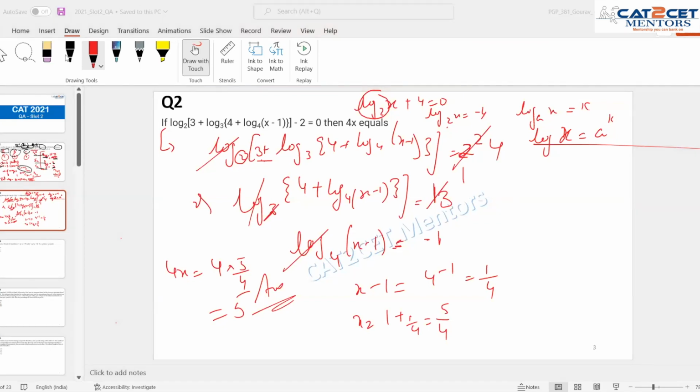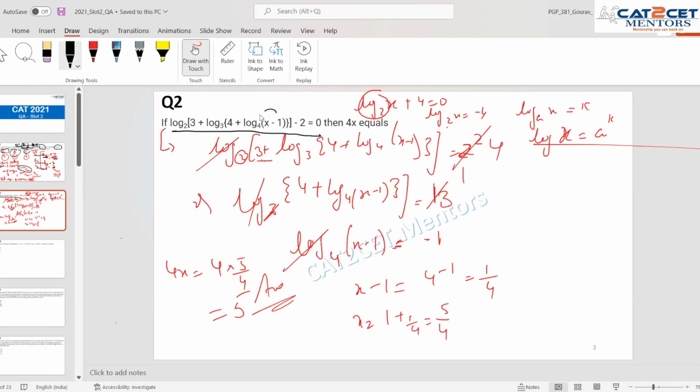Okay, guys, I am repeating the question. What we have done in this question is, for all log type of questions where we need to find a value something like this, it is simple, we just need to make sure that we keep solving the equation step by step. In log we just have a few formulas and we are going to use these formulas only.